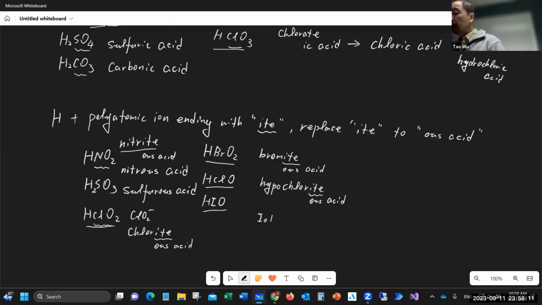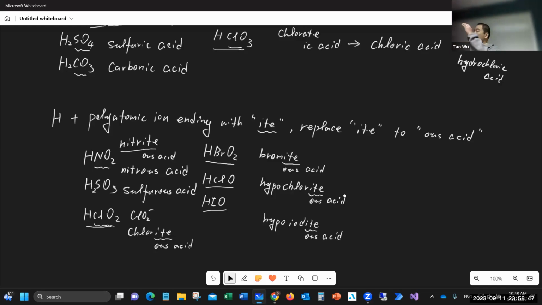This is hypoiodite, hypo because it only has one oxygen. Then you change the ITE to OUS acid. So this is called hypoiodous acid. You see? So those are how we name those compounds.